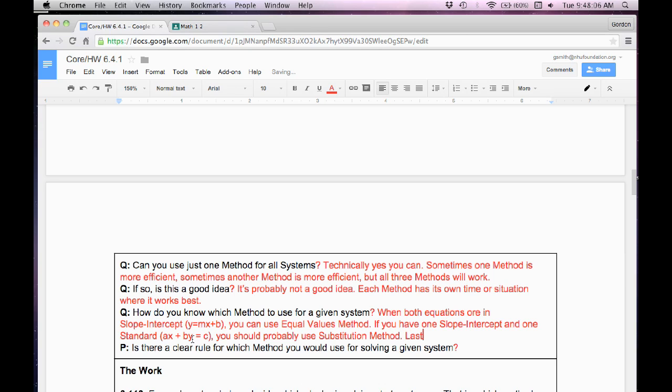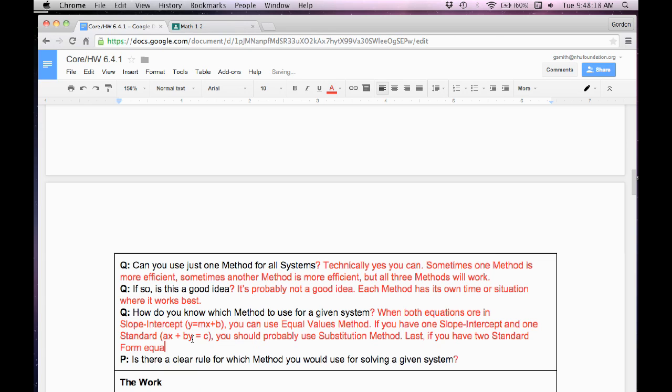And last, if you have two standard form equations, you should probably use elimination. And I keep saying probably because you can do it any way you want. This is just what's the easiest, most efficient way.